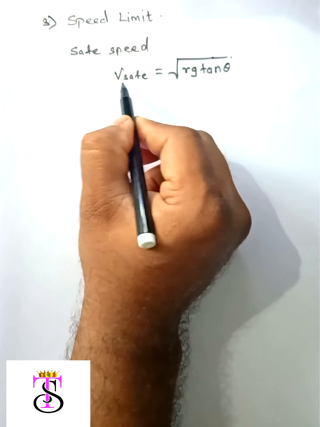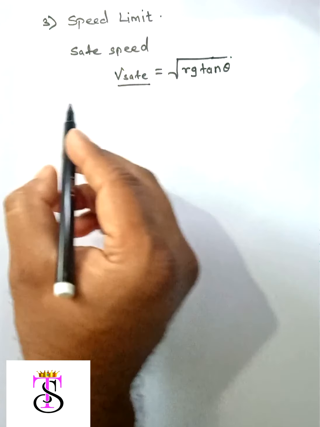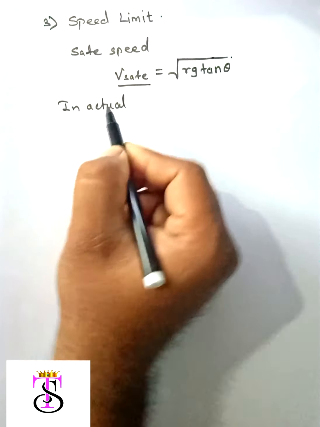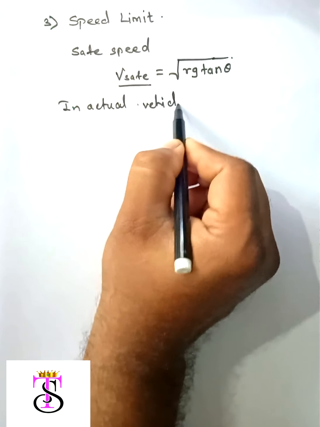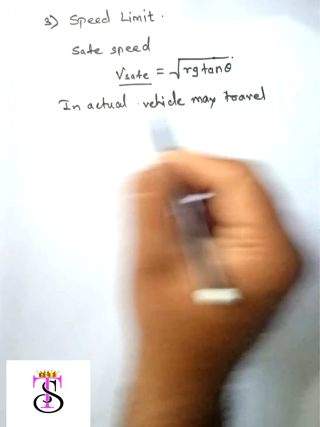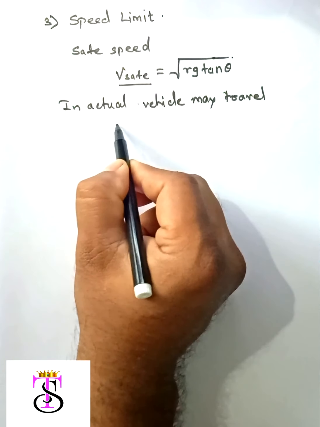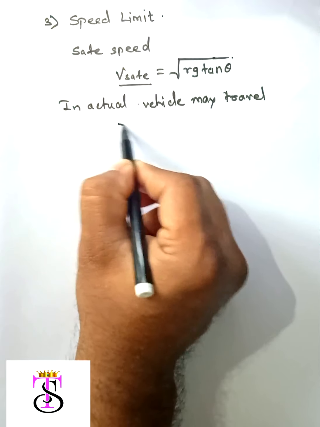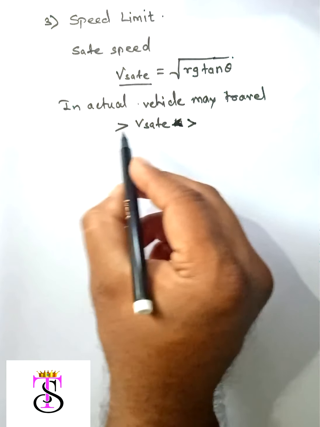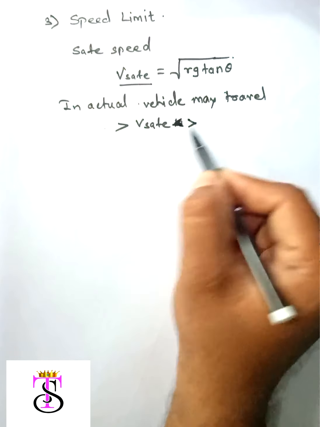Now this is for a single speed, but in actual practice a vehicle may travel with a speed greater than or less than the safe speed.